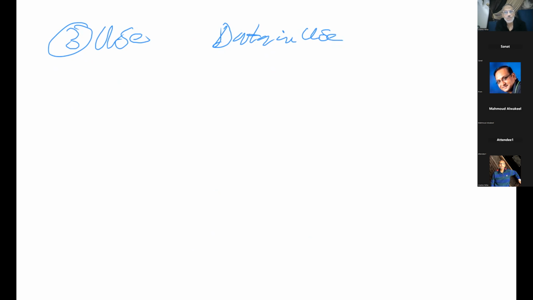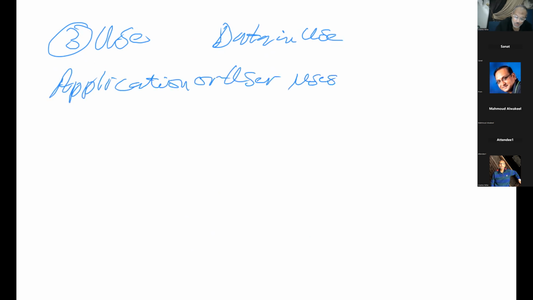We say data in use, this means that there is an application or user using this data. This phase is considered to have the most chance of compromise or leak of data.